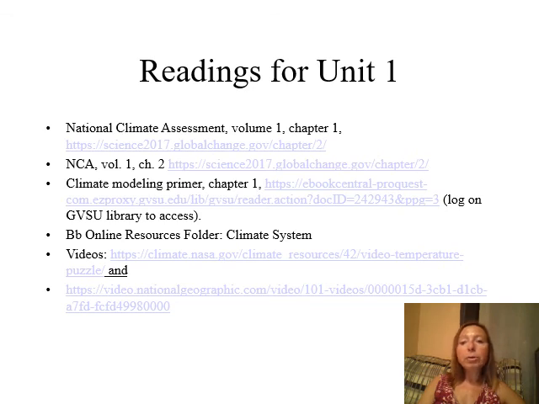And the Blackboard online resources for the climate system, where you will find visualization tools for each of these processes and causes of climate change that we have discussed in this lecture. I also recommend that you watch the NASA videos posted on the Blackboard, including the NASA video about temperature changes, and the National Geographic video about the causes of climate change.